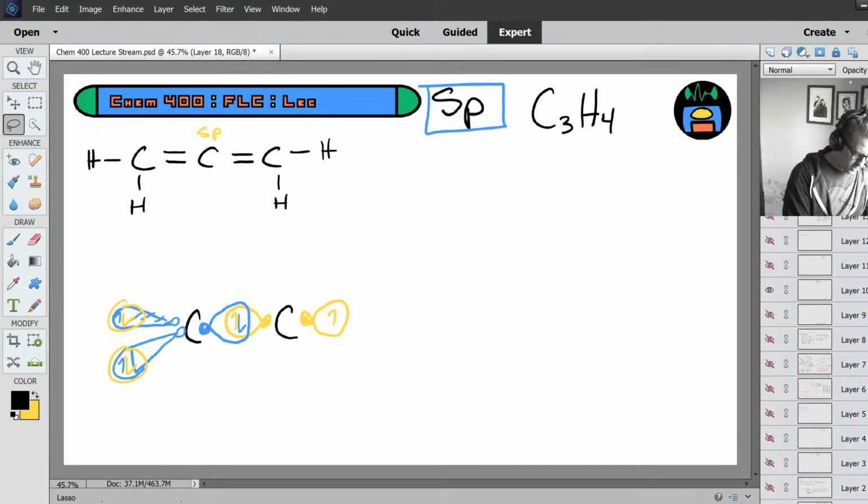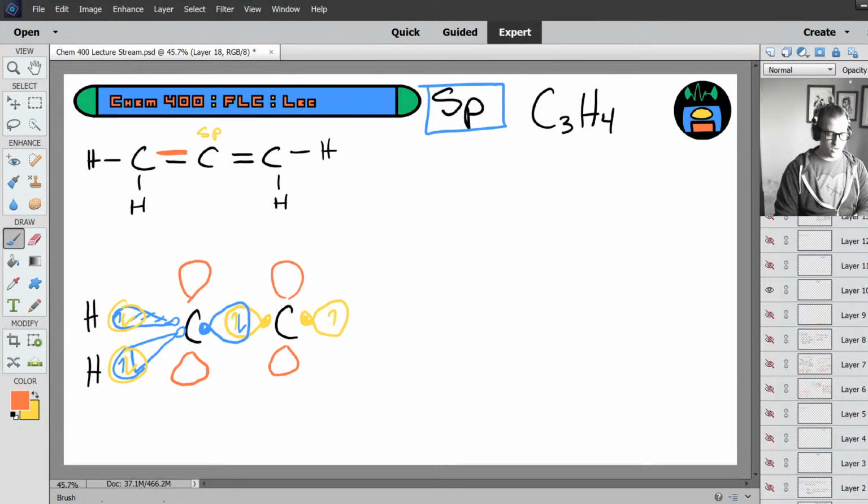All right, and there are our carbon-hydrogen sigmas. Now we need to handle the carbon-carbon pi bond, right? And we know how this is going to go down. We know that we have an unhybridized p orbital on each carbon, right? pz. It's in the plane of the board, up and down.